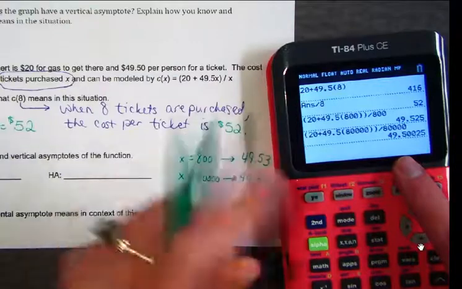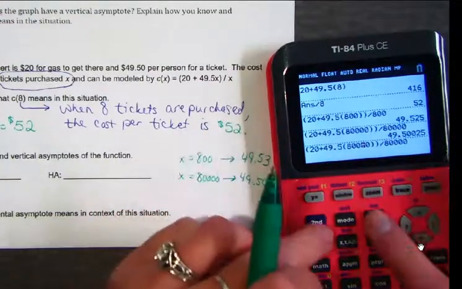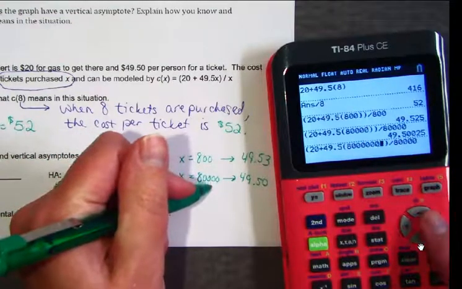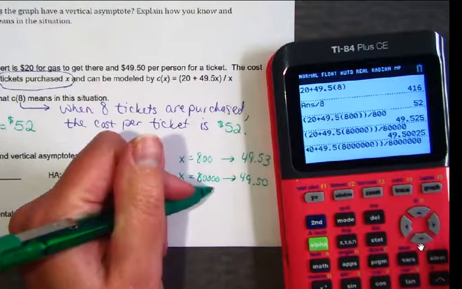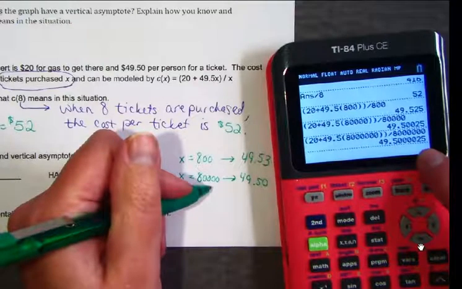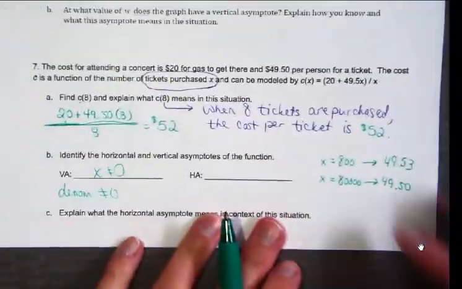What if I order 8 million tickets? Huh. It's still 49.50.